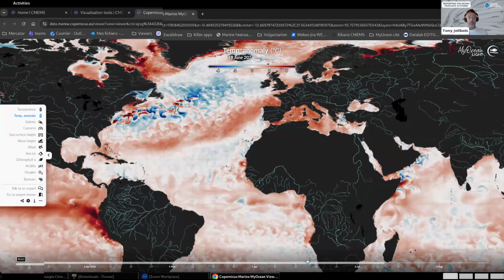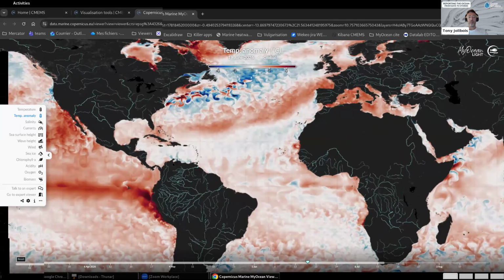Okay, so this is temperature anomaly. As Andrea said, the sea surface temperature anomaly is the difference between sea surface temperature for a given day and the long-term average for the same day, also called the climatology.